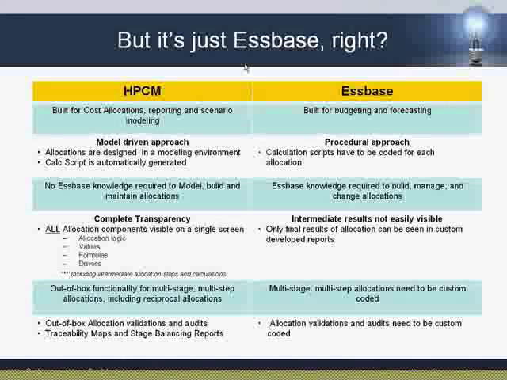From a traceability standpoint and transparency standpoint, it's very important for an administrator to have the tools at their fingertips to allow quick visibility into where did it come from, where did it go, and everything in between. So multi-stage, multi-step functionality, the allocations are driven.